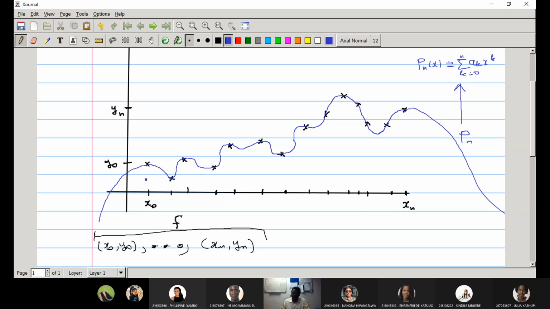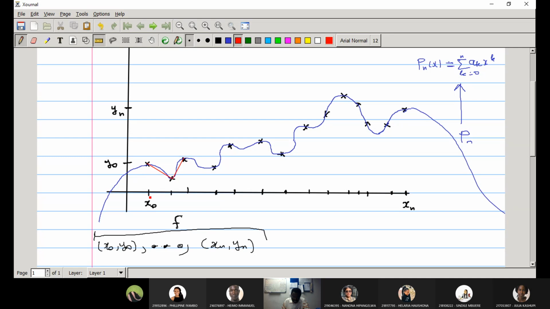Why cubic spline? Because if I take first order polynomial, I will join each of these with a straight line. Let us do that. If I use a straight line, you can see this is what we have. And then in the second interval, that's what the polynomial will be. You have this polynomial, which is an increasing polynomial. Here you have a decreasing polynomial. You see that the polynomial here and there are completely different.